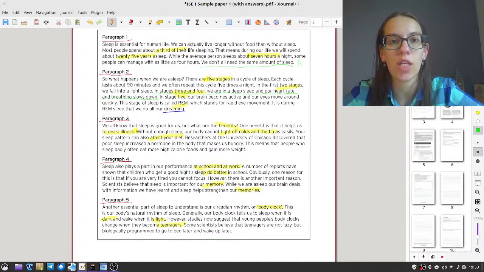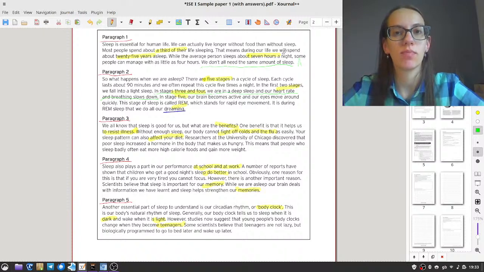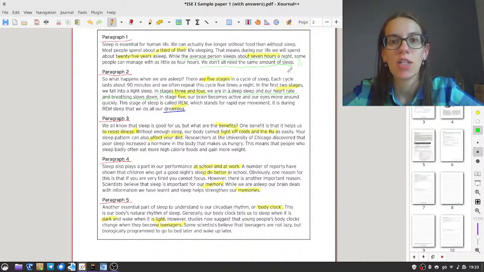Well, does this look right to you? 7 hours is, in fact, how much the average person sleeps. Yeah, from paragraph 1, the average person sleeps about 7 hours a night. Now, does this person spend all 7 hours in a deep sleep stage? Well, the answer is no, because deep sleep is just one of the 5 stages of sleep.